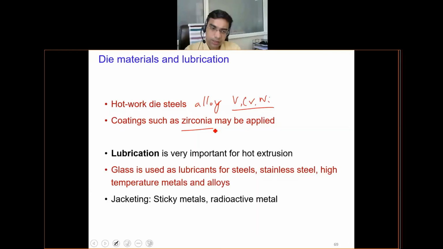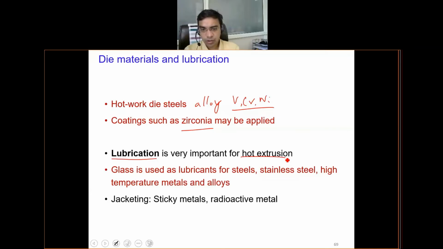Next is the role of lubrication. Lubrication plays a very important role, especially in hot extrusion. The role of lubrication here is to control the friction between the surface of the billet and the internal wall of the container.